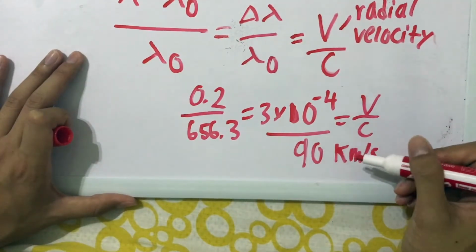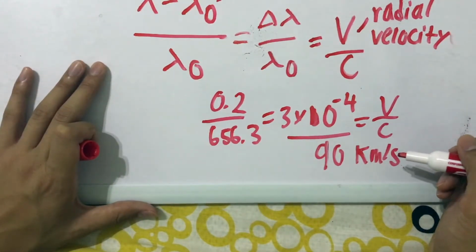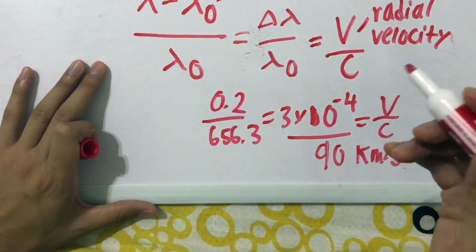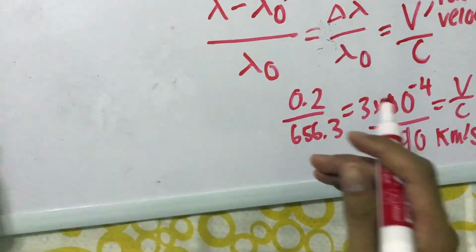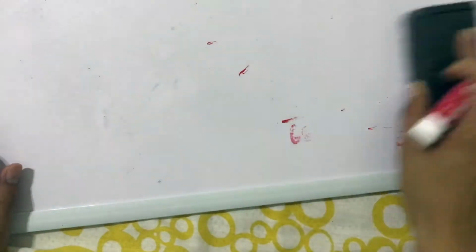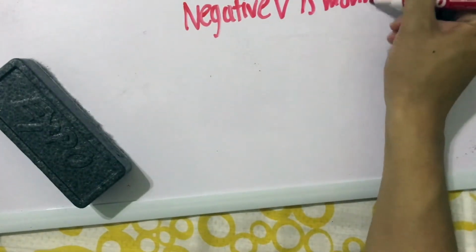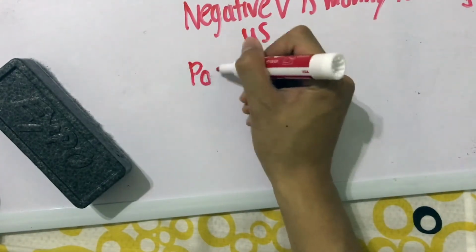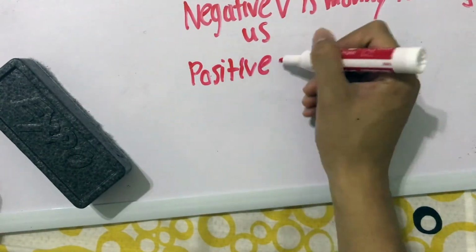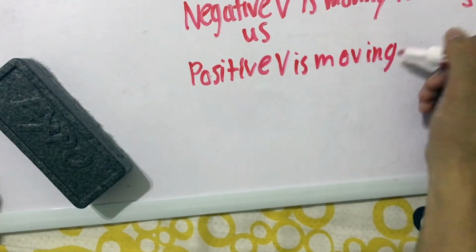And because 90 is a positive value, it would be redshifted, so it would be moving away from us. Always remember that negative velocity is moving towards us, and positive velocity is moving away from us, so it's being redshifted.